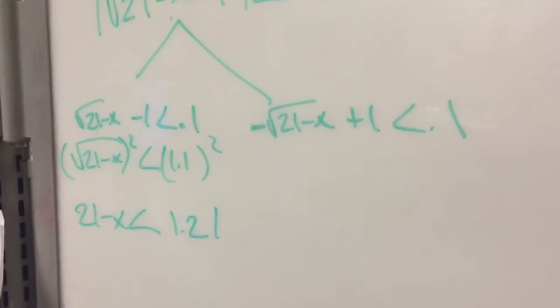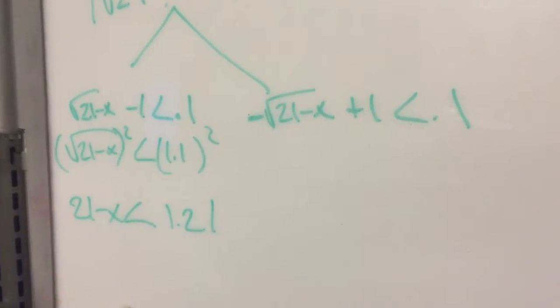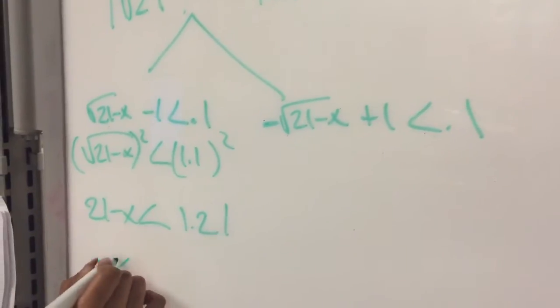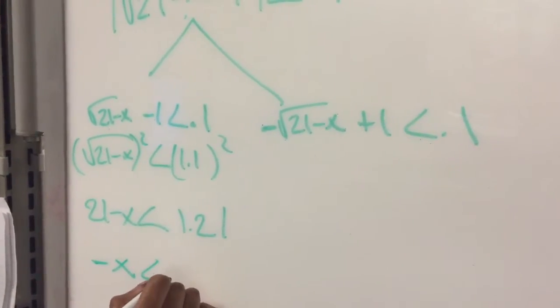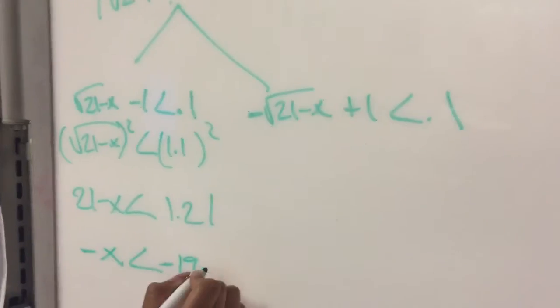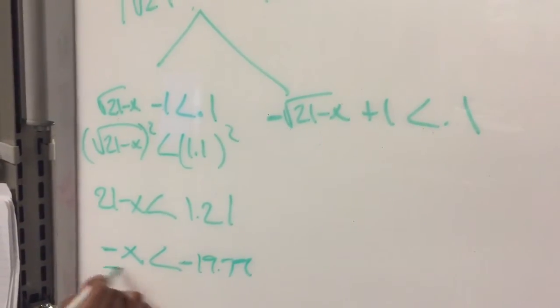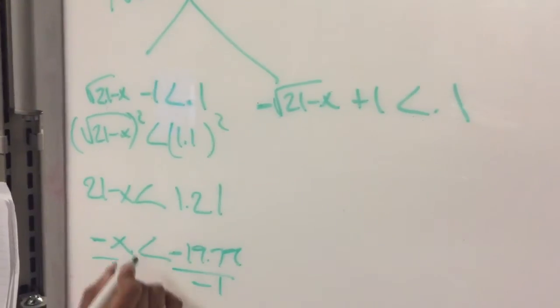From here, we're going to subtract 21, and you'll have negative x less than negative 19.79, and then divide each side by negative 1, which will cause this to flip.